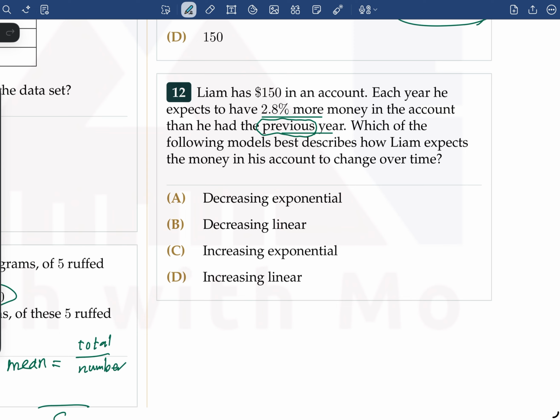Exponential function when you see a percentage with the word previous. But because of the word more, this means that it's increasing. Which of the following models best describes how Liam expects the money in the account to change over time? It's increasing because of the word more, and exponential because of the percentage with the word previous. So letter C is our answer of question number 12.